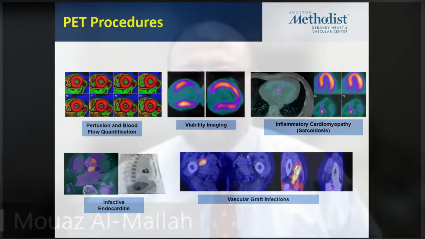Yes, on the clinical applications, we have a full lecture that's coming out to talk about the role of PET in viability imaging and also in inflammatory cardiomyopathy. And we tackle it more from a multimodality approach.